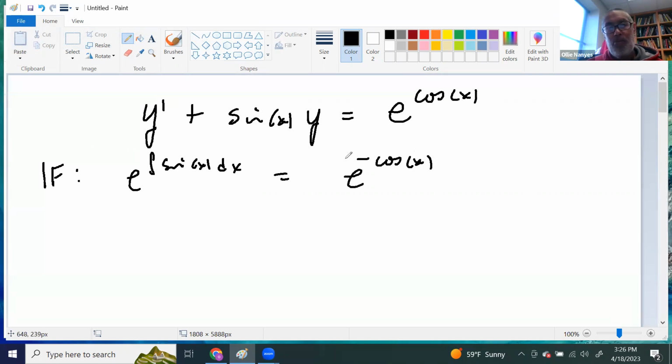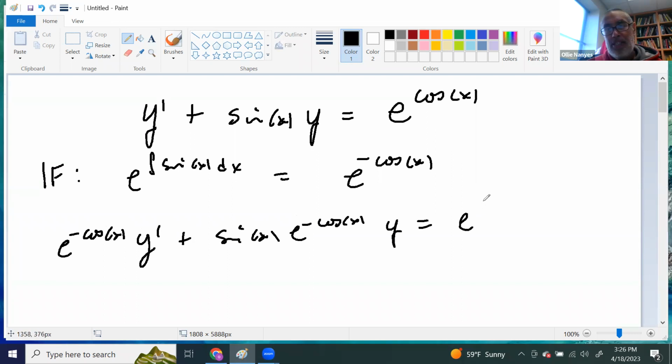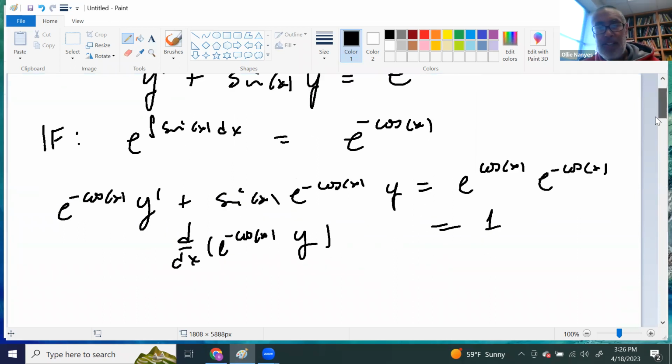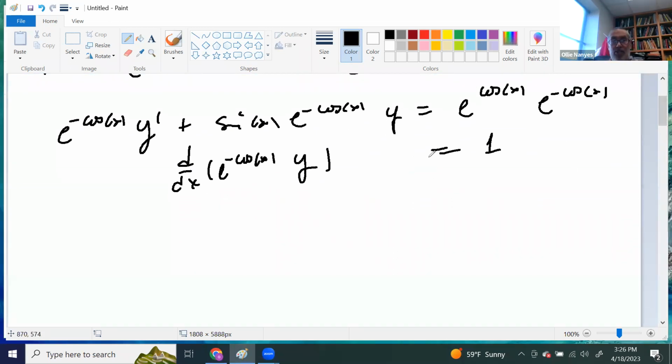So now if you multiply through by e to the minus cosine x, you get this. So this part here is 1, and this part here is a perfect derivative.